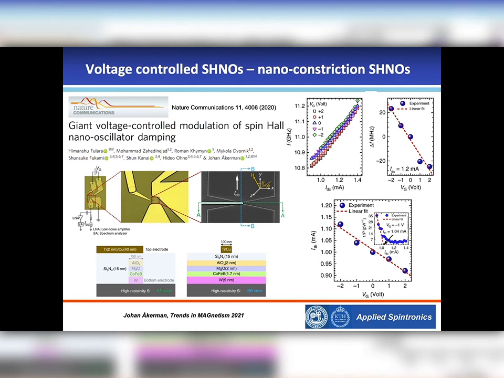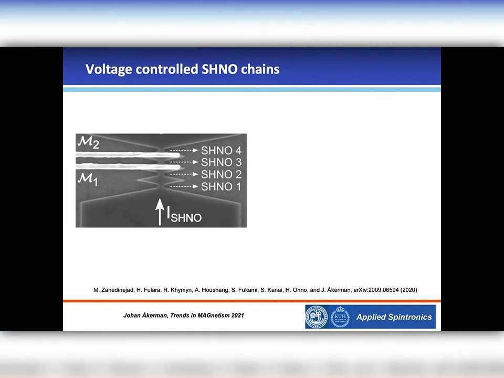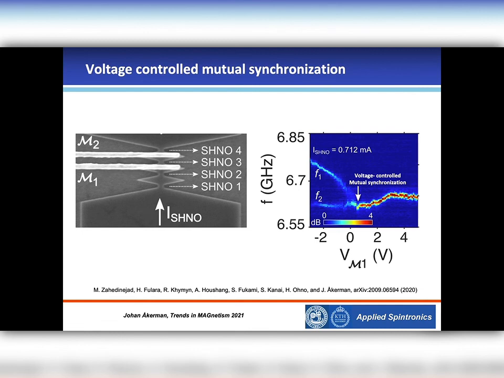I then want to wrap up by showing our latest results based on these types of concepts. We have made chains of spin-Hall nano-oscillators with individual gates, and these gates now happen also to be memristive, so we call them M1 and M2 here. But what I will show is that we can tune the synchronized state through the voltage alone.